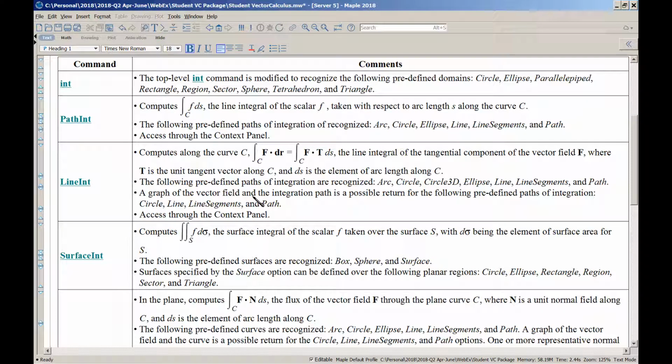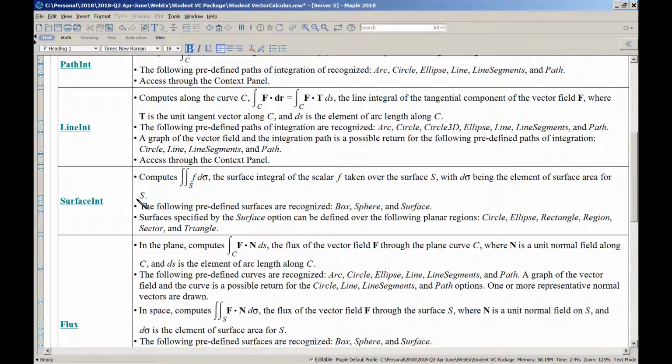You can get a graph of the integration path and arrows of the vector field if you use any of these predefined paths. And notice both the PathInt and LineInt commands can be accessed through the context panel. It's unfortunate that the whole package cannot be accessed through the context panel, but these are two of the handful of items that you can implement through it.